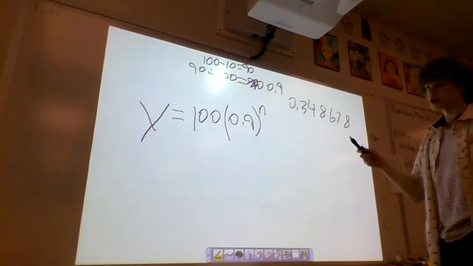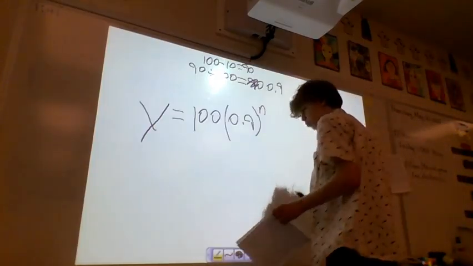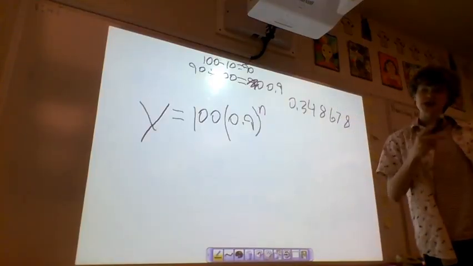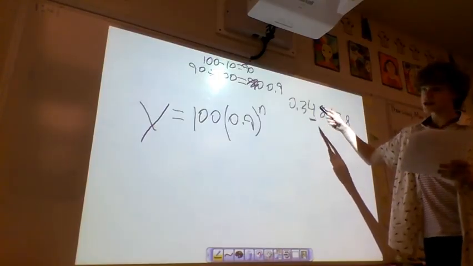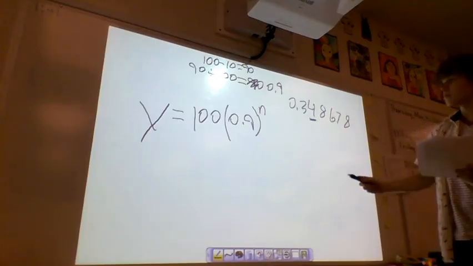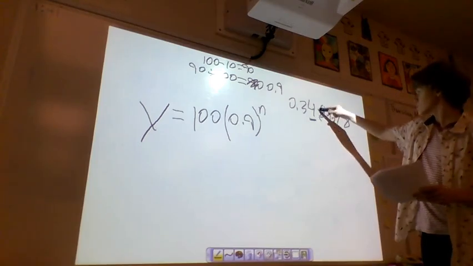But what we can do is round the number. Now, we're planning on rounding this number to the second decimal place right here. So we want to keep the decimals up to here, but anything past there we want to get rid of. But how do we do that? Well, first we need to see what's in the third decimal place right here.